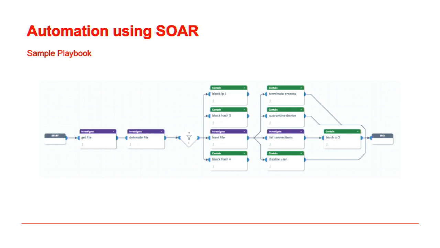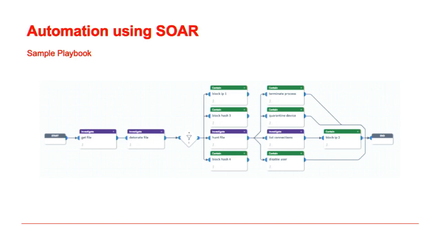This is what a playbook looks like. If you guys have never seen a playbook, this is actually from Phantom. So it's probably hard to read, but on the far left here, the file is acquired, and then here it's detonated, and then here's a decision tree saying was the file good or bad. And then if the file is bad, you can see that a lot of events are happening.